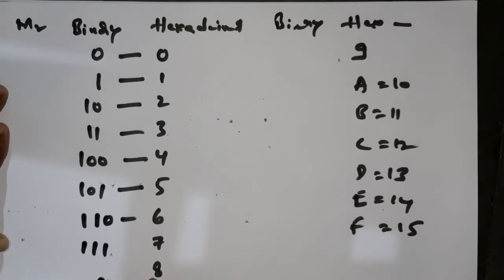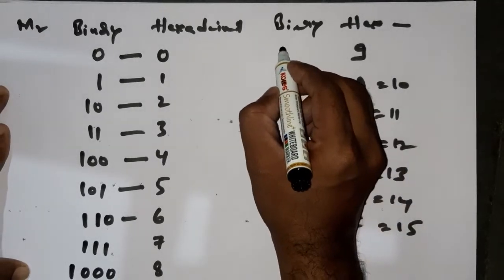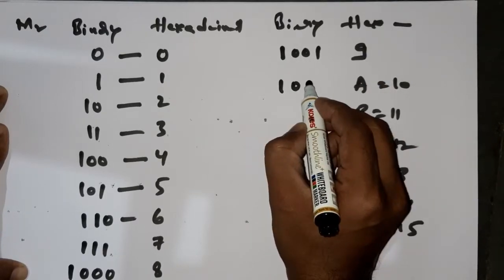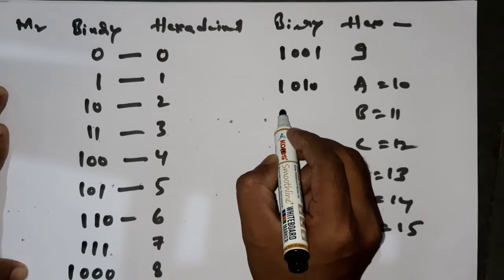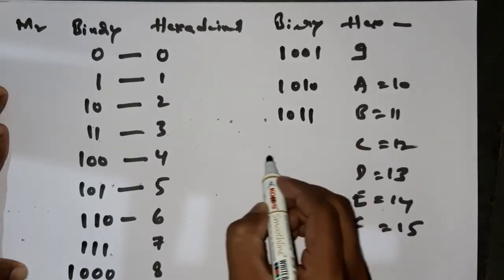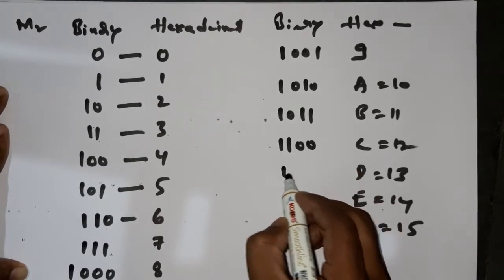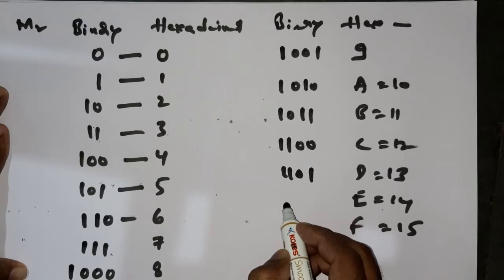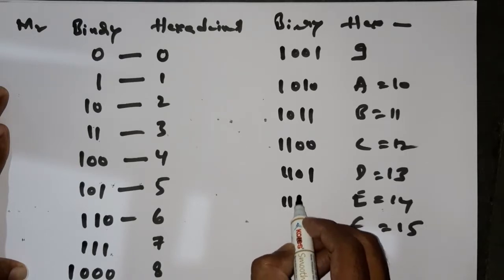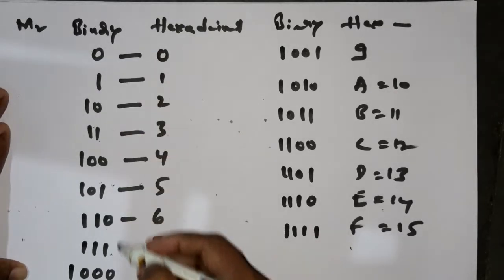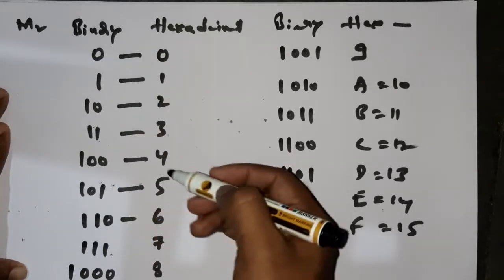Okay, next highest 1 0 0 0, right guys. Next highest 1 0 0 1. Next highest 1 0 1 0. Next highest 1 0 1 1. Next highest 1 1 0 0. Next highest 1 1 0 1. Next highest 1 1 1 0. Last one 4 ones. So these are the equivalent binary values to the hexadecimal values.